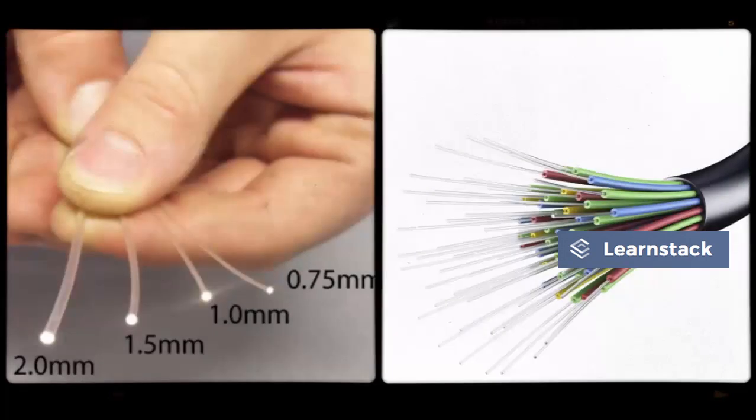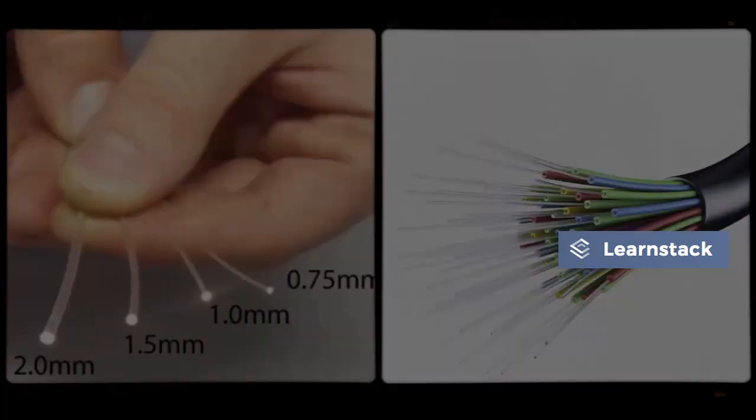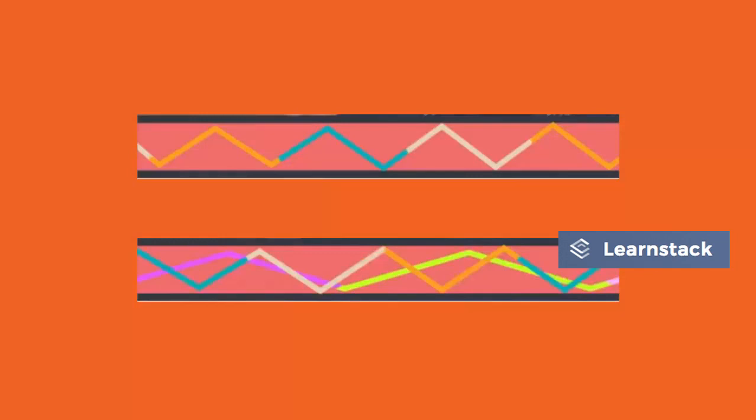The second way of transmitting data over long distances is optical fiber. As you can see, these are optical fibers being shown on your screen. If you want to send data from one place to another using optical fibers, you modulate your data signals on top of light waves and send them through the optical fiber network.